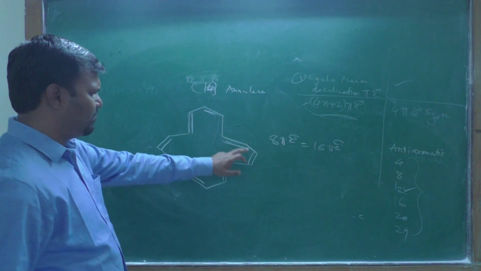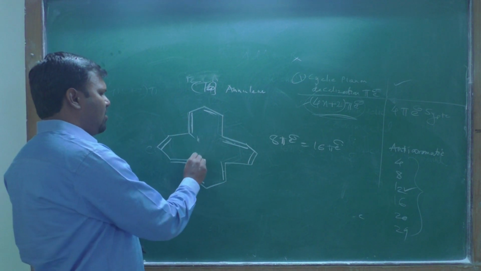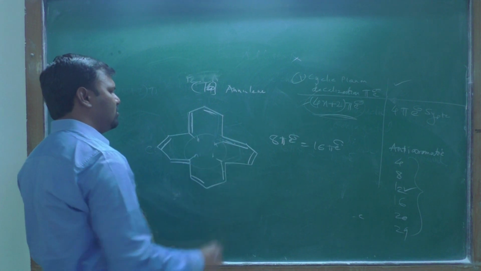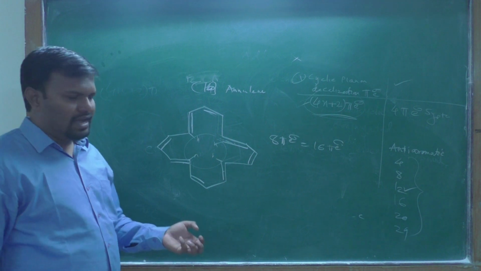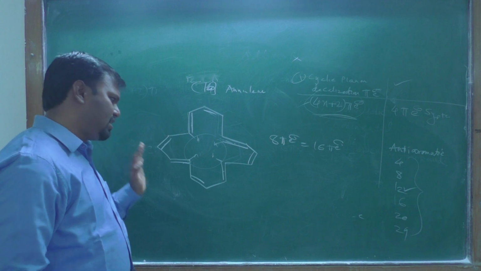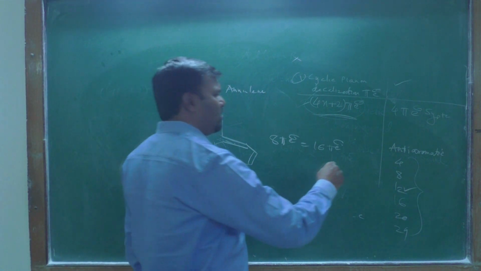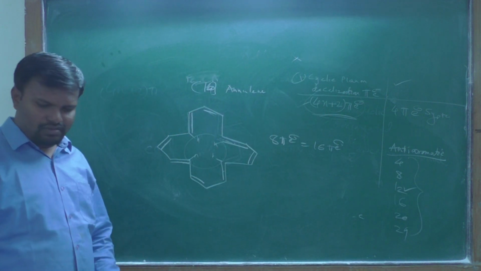Because the ring size increases, the hydrogens are maximum away from each other. No steric strain is there, and that molecule is planar. Delocalization is there, it is a cyclic one also, and therefore that compound came under the heading of anti-aromatic compound.